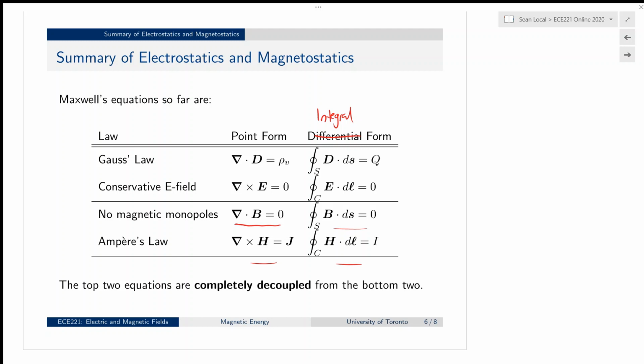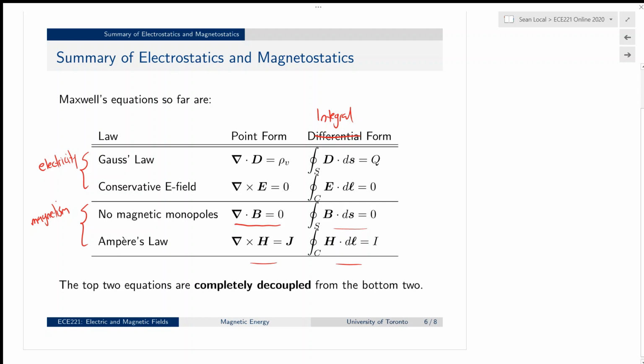Another important thing to observe here is that the top two equations, which ostensibly describe what we'll call electricity here, or electrical behavior, are completely decoupled from the bottom two, which basically describe magnetism.